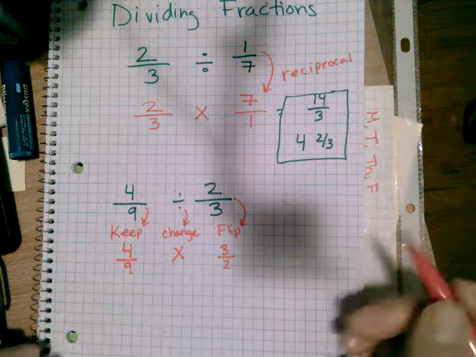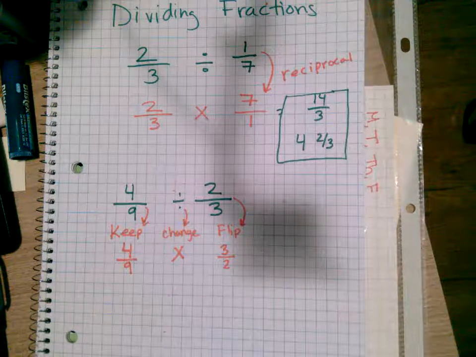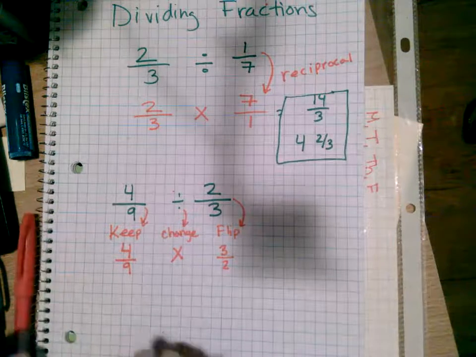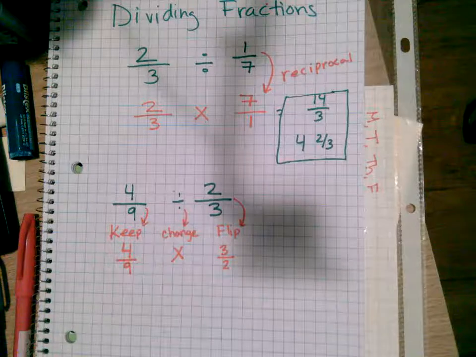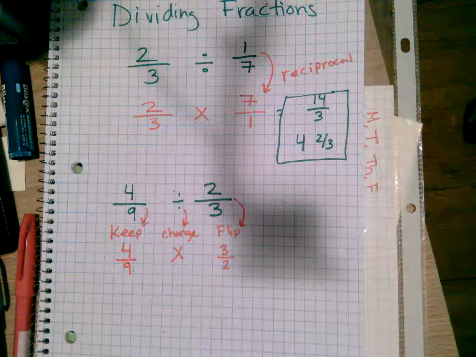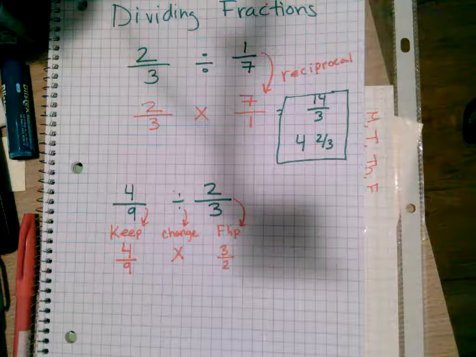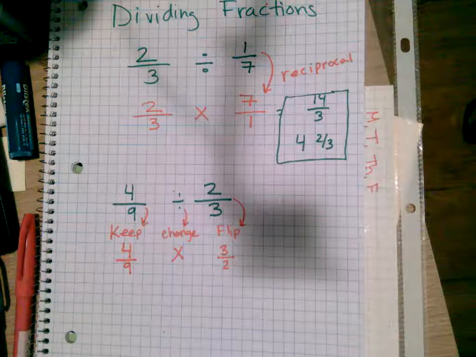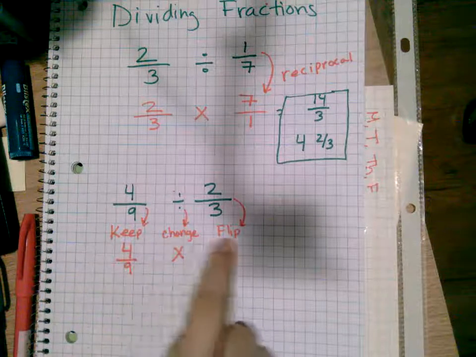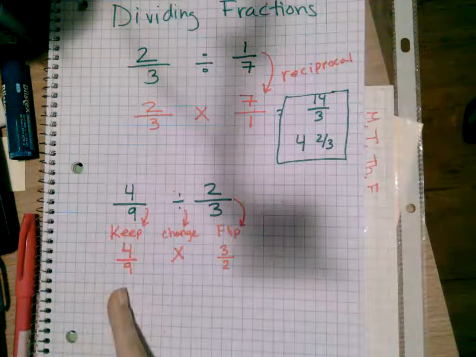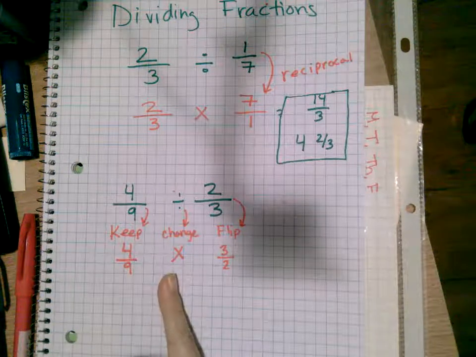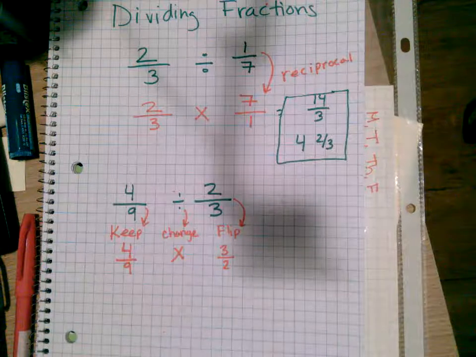In my math class, the basic way is keep, change, flip. KCF. Writing these keywords might help you remember it. You keep the first fraction, you change division to multiplication, and then you flip it.